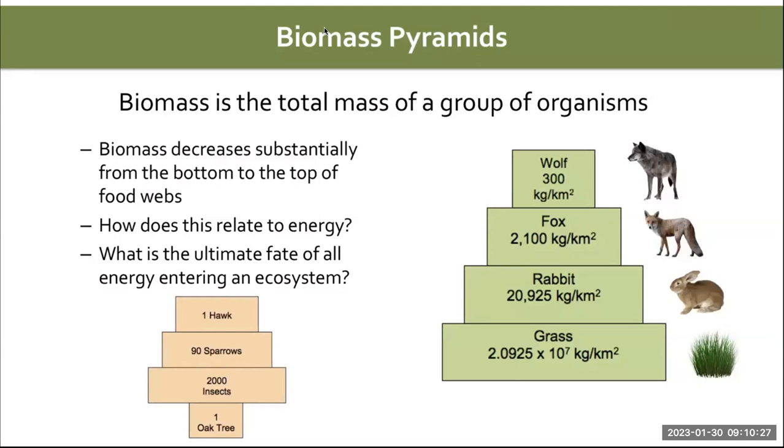One oak tree can host over a couple thousand insects that are enough to feed 90 sparrows, that are enough to support a hawk in that ecosystem. So not all ecosystems are created the same, but this general shape of both biomass and energy pyramids captures the important essence of the inefficiency of energy transfers.